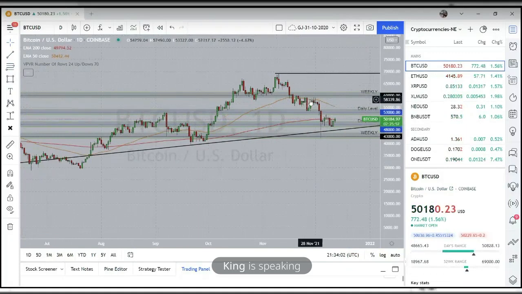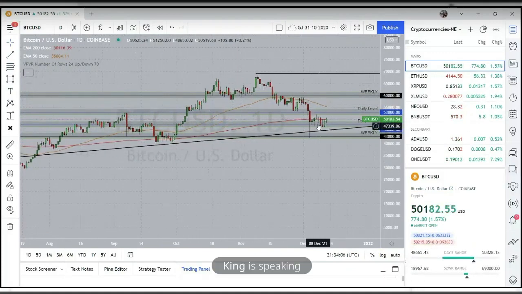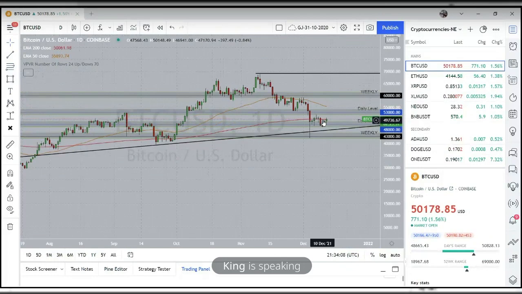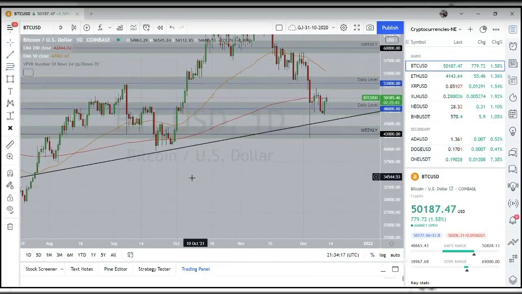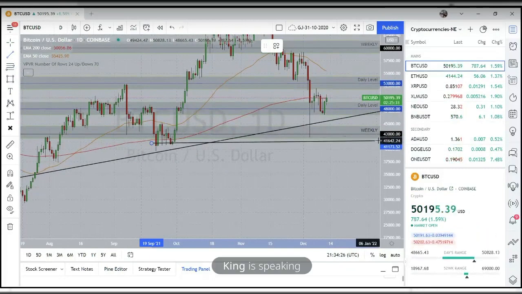Price has come down to the 200 EMA, and we've got price at the 200 EMA currently just testing it on the downside. So we could be in for a possible trade to the low 40Ks, possibly.